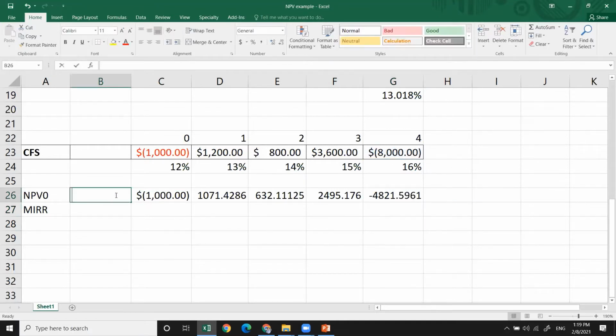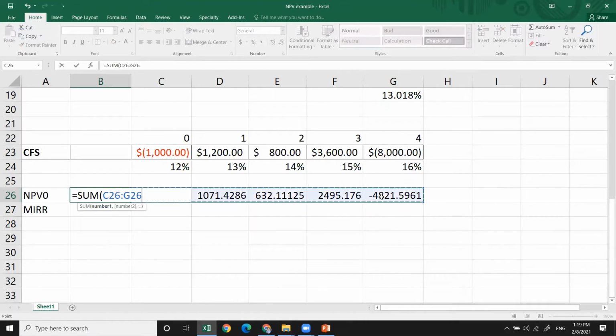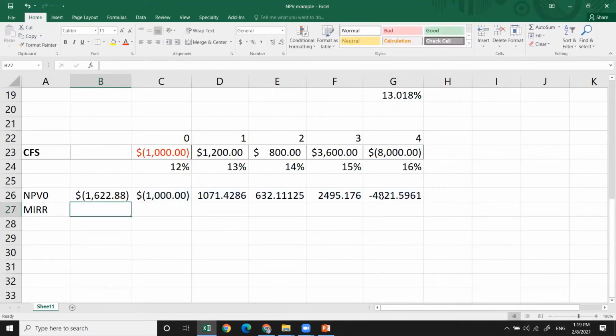Then I just sum up all the cash flows in order to get my NPV. My NPV is negative here because my outflows are more than inflows.